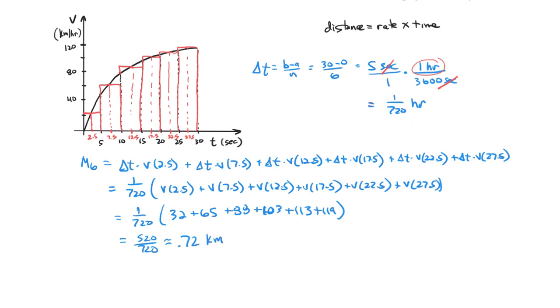The units are kilometers, because each one of these is the unit of time times unit of velocity. Time is in hours, velocity is in kilometers per hour, so the hours cancel, so we just get 0.72 kilometers. So the area under this curve, it's actually an area, but it represents the distance traveled, right? It's an approximation for the distance this car traveled.